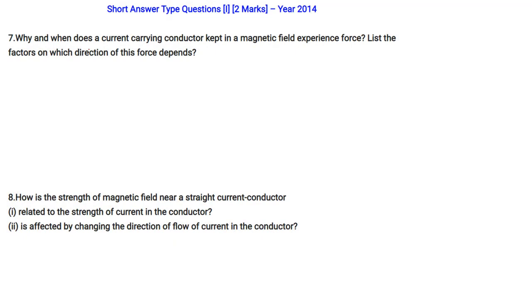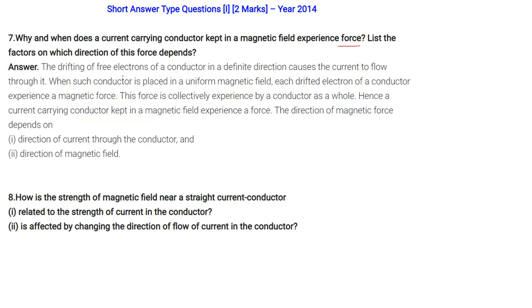Why and when does a current carrying conductor kept in a magnetic field experience force? These are the factors on which the direction of the force depends. So the drifting of free electrons of a conductor in a definite direction causes the flow of current. When such a conductor is placed in a uniform magnetic field, each drifted electron of the conductor experiences a magnetic force.